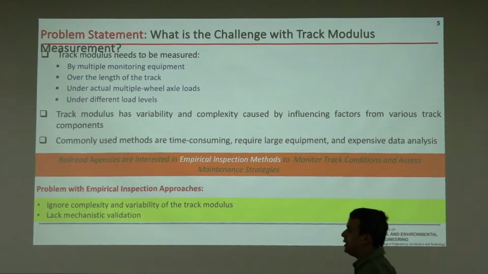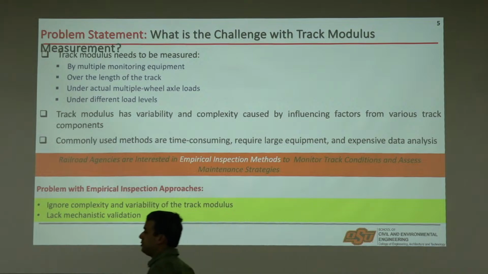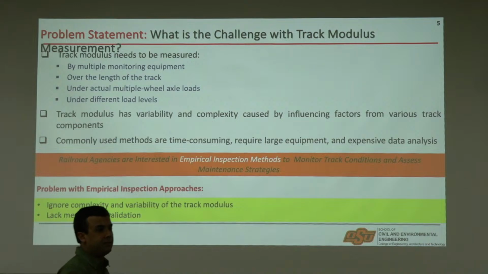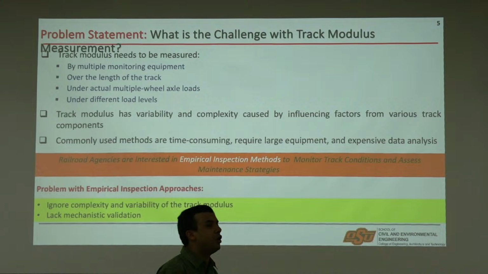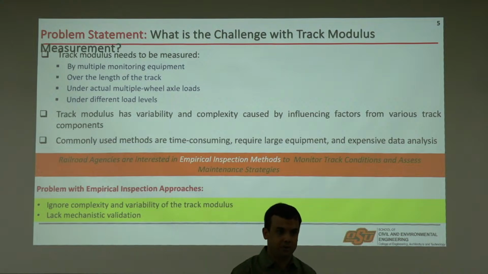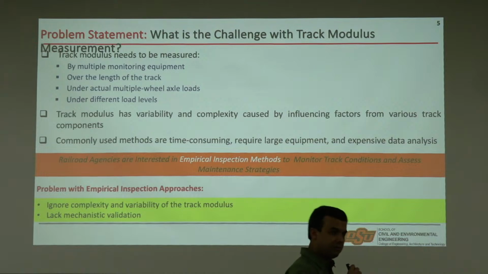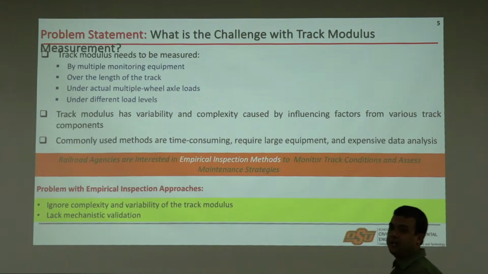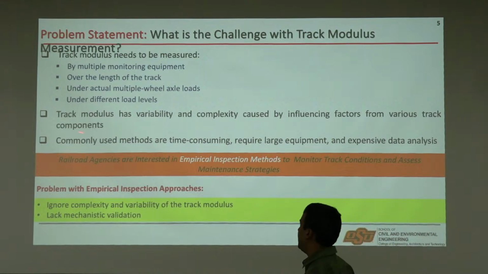One of the factors you monitor is something called track modulus. In pavements you did not hear of pavement modulus, you heard about individual layer modulus. Here that also exists, but you also represent something called track modulus, the overall load deformation behavior of the entire track, and I'll show you the equation for that.